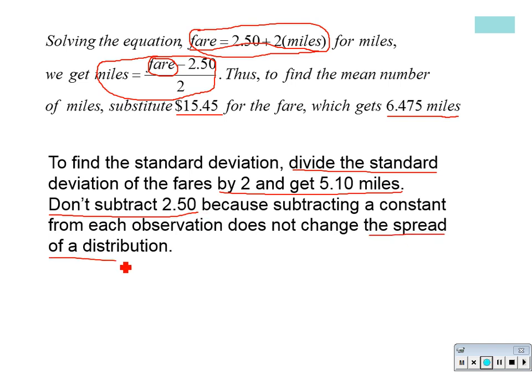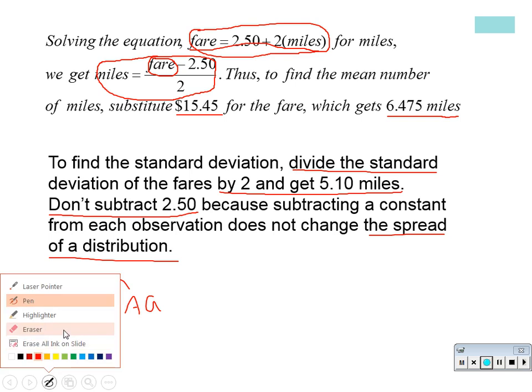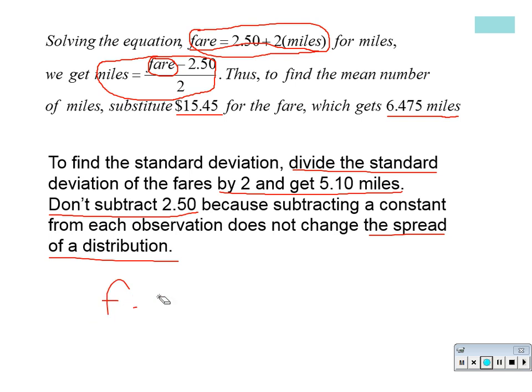So the only part of this equation, this fare equals, just substitute this with F. The fare equals 2.50 plus 2 times the number of miles.